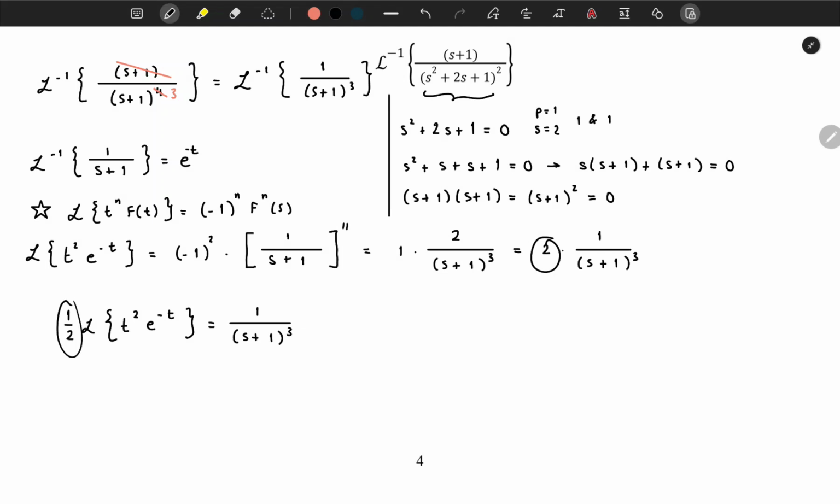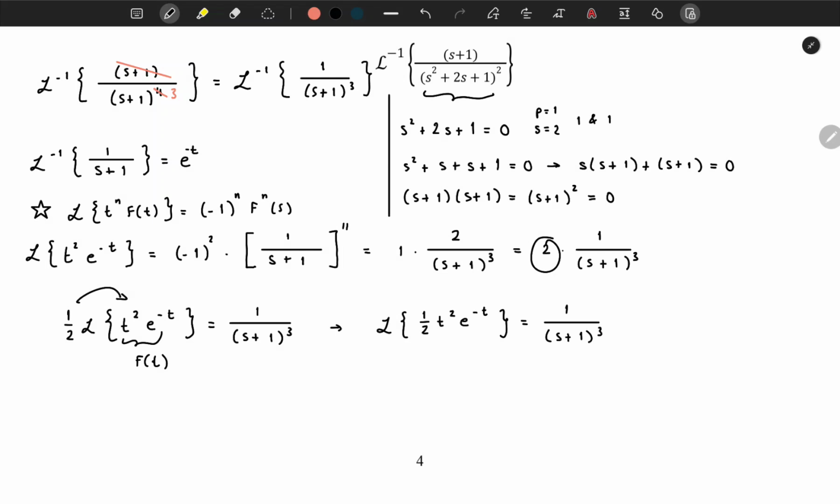Since 1 over 2 is a constant, we can multiply it back in, meaning that the Laplace of 1 over 2 t squared e negative t is equal to 1 over s plus 1 cubed.